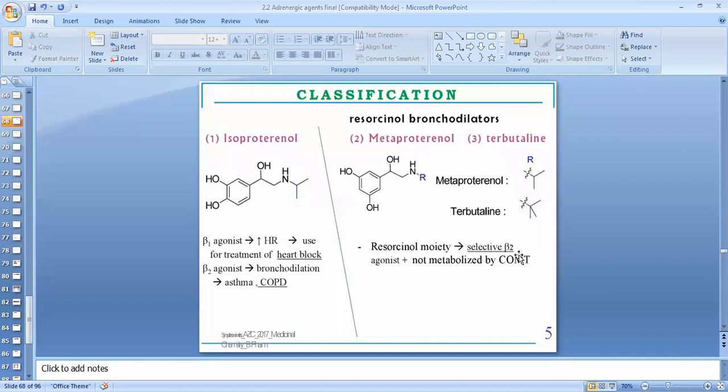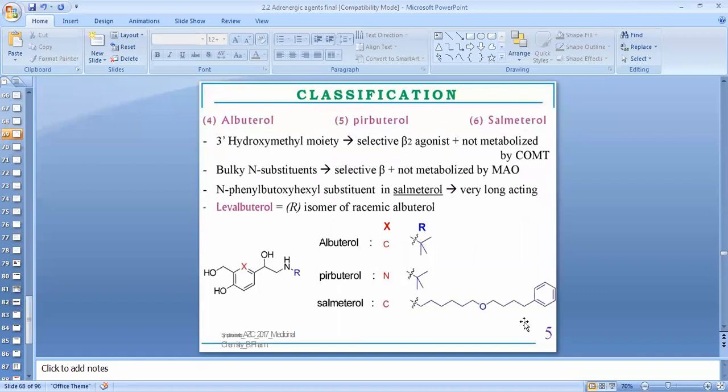Because catechol O-methyl transferase is the enzyme which acts only on the catechol nucleus and not on the resorcinol nucleus. And since the resorcinol nucleus is present here, it is not metabolized by this enzyme, so it is going to have longer duration of action and act by a selective beta 2 agonist mechanism.